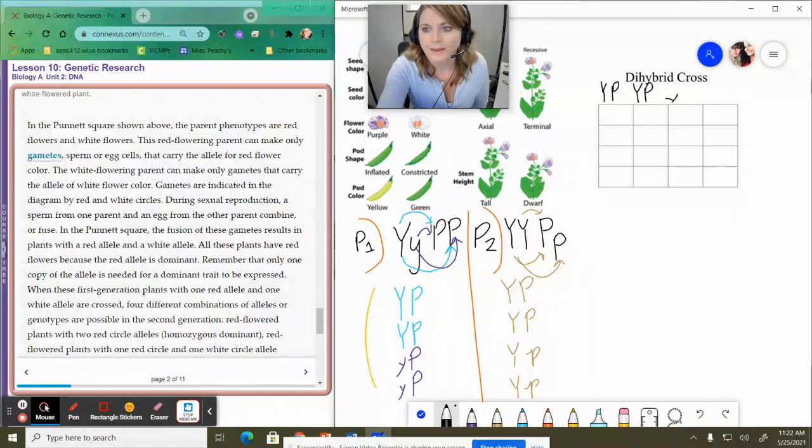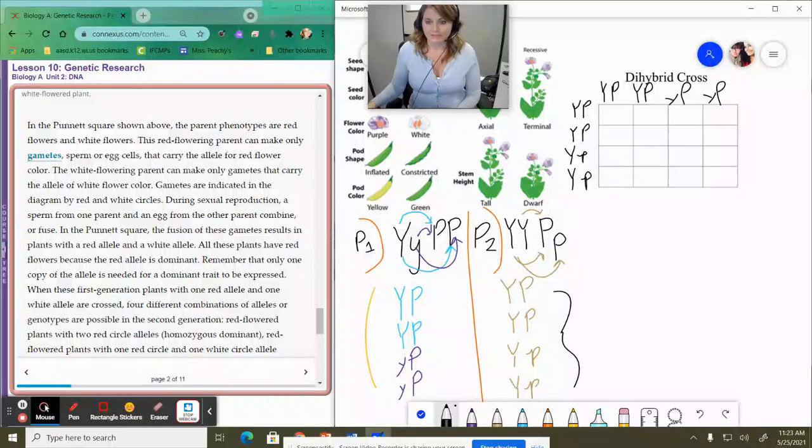And then little y, big P, little y, big P. And we do the same thing going down. So these guys are going to go on the left side here. Big Y, big P, big Y, big P, big Y, little p, big Y, little p.